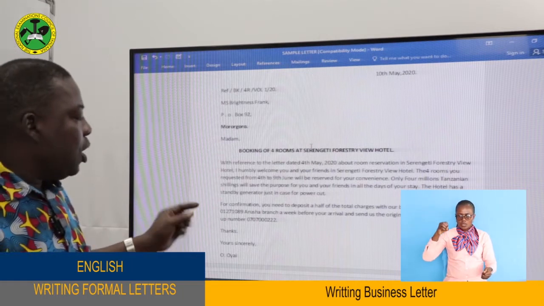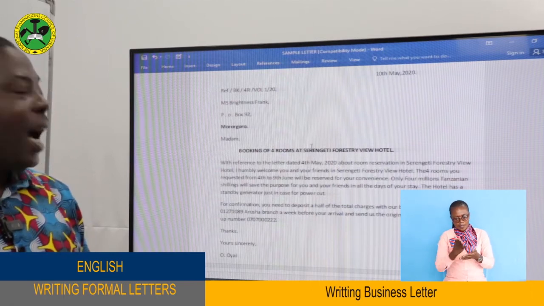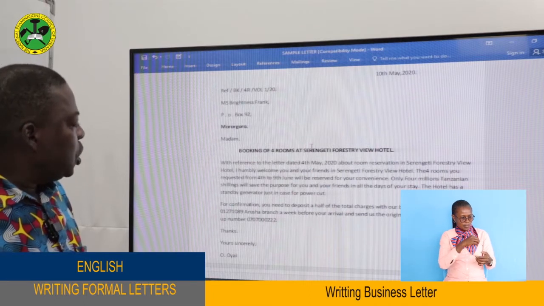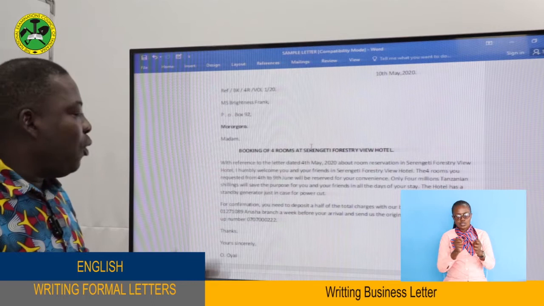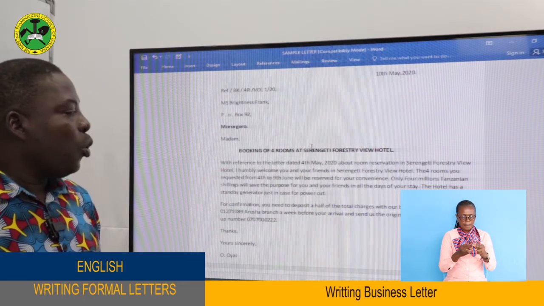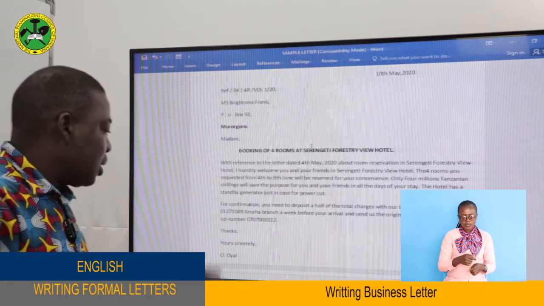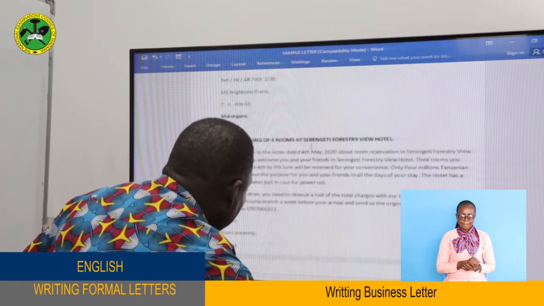For confirmation, you need to deposit half of the total charges with our banker at NMB, account number 012711089, Arusha branch, a week before your arrival, and send the original pay-in slip through the WhatsApp number given. Thanks. And so, you can see, that is the content part.